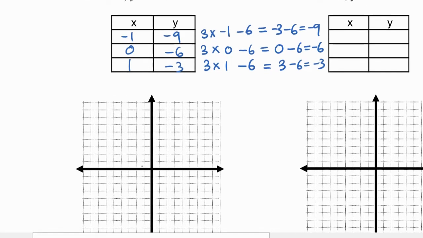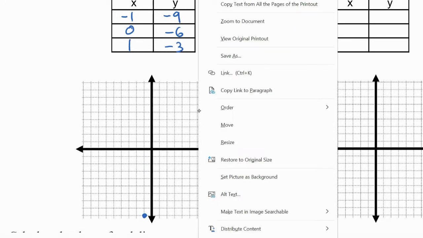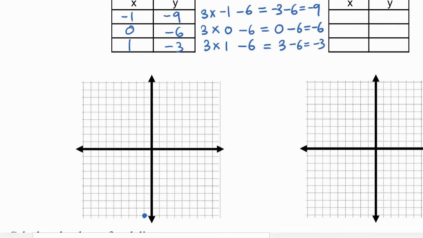We're going to plot this. -1, -9. I have to go down. -1, -9 should be here, and 0, -6 is here. 1, -3 here.